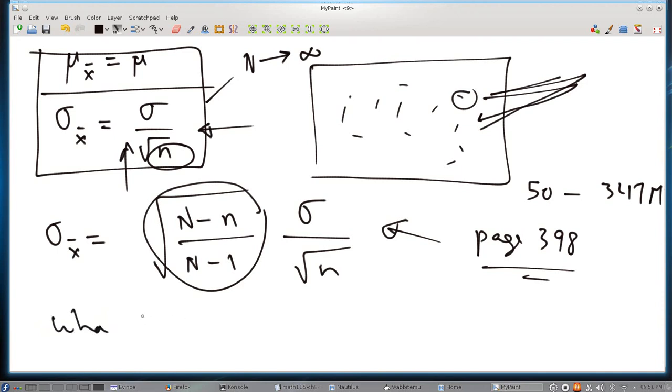I guess I was trying to write both at the same time. So what number can n be?